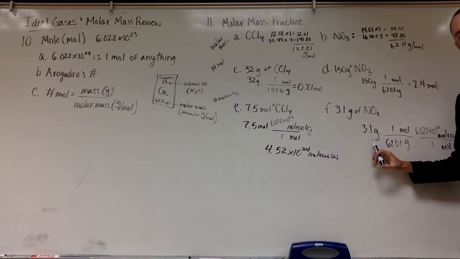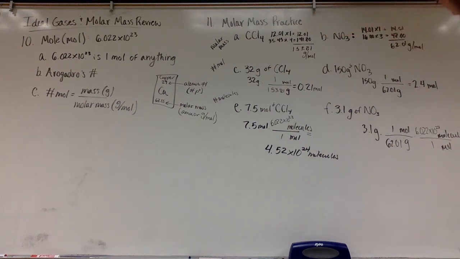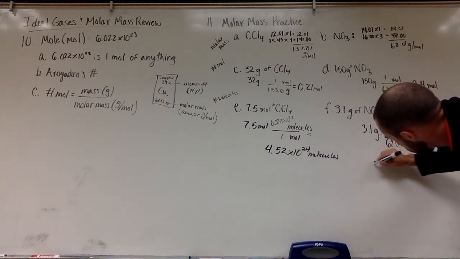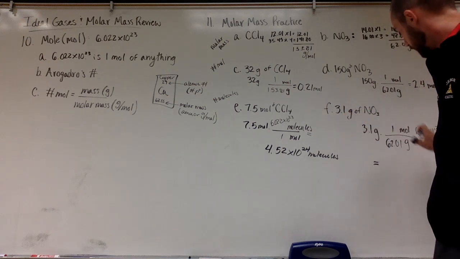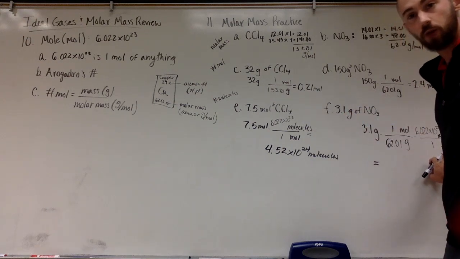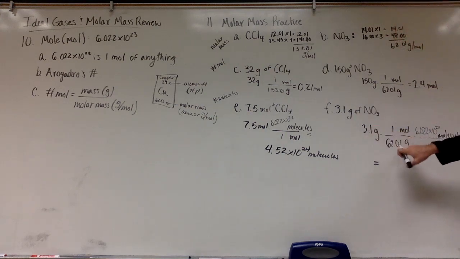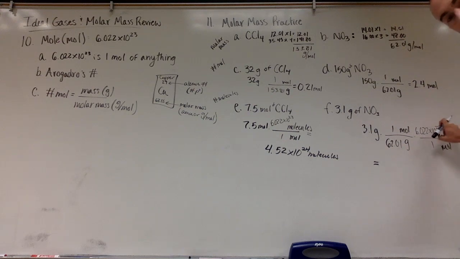And now this last part's a little more tricky. Hold on, can you see that on there? You can see it, but I don't have my answer, so I'll just write that down here. On this one, the reason that it's a little tricky is because you can't go directly from grams into molecules. You have to use moles as your intermediary. So what I do is I take my mass, divide it by my molar mass to find my number of moles. Then I multiply by how many things or how many molecules are in a mole.